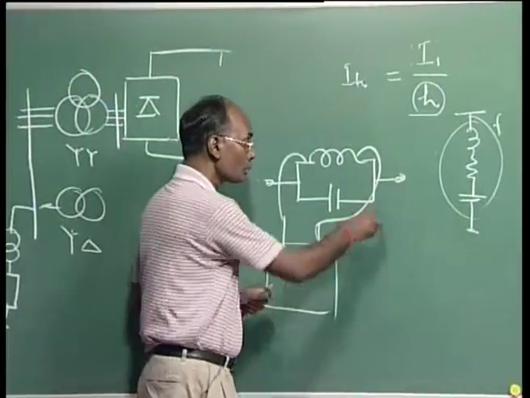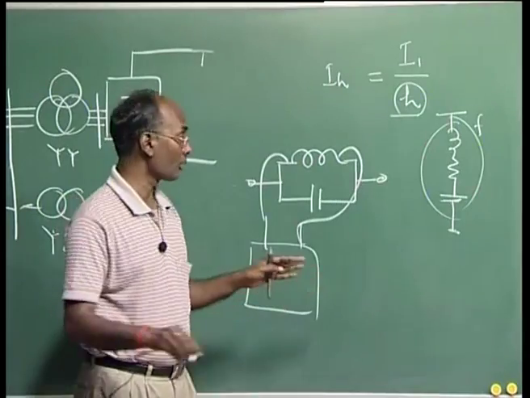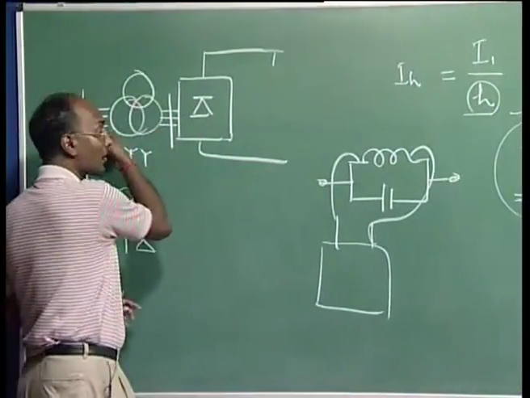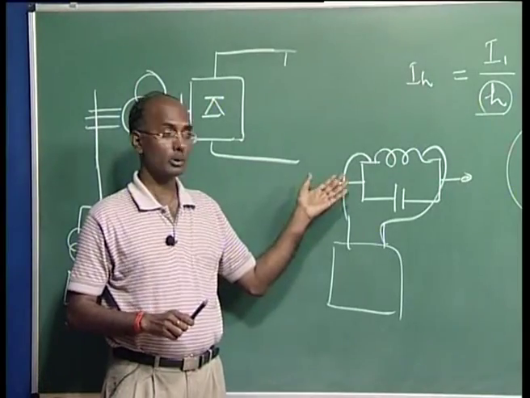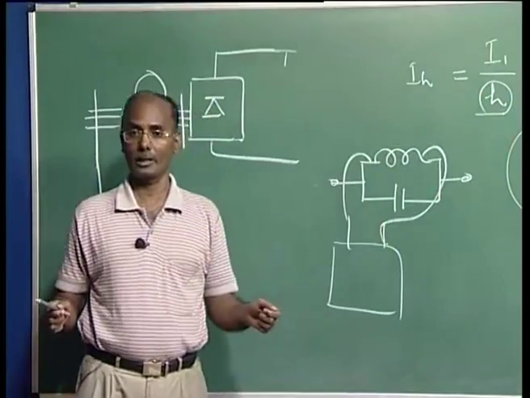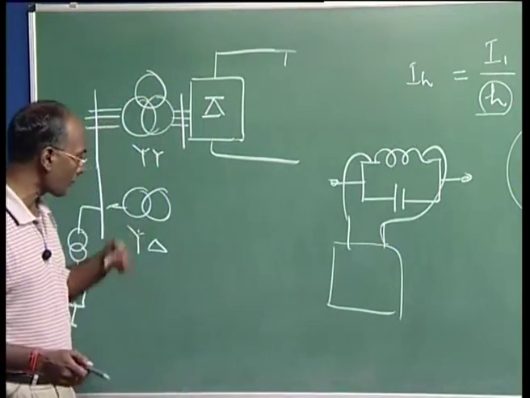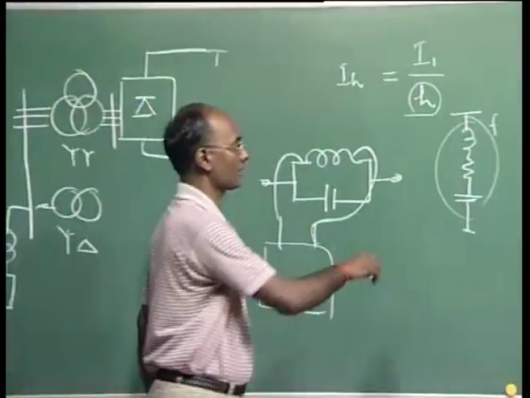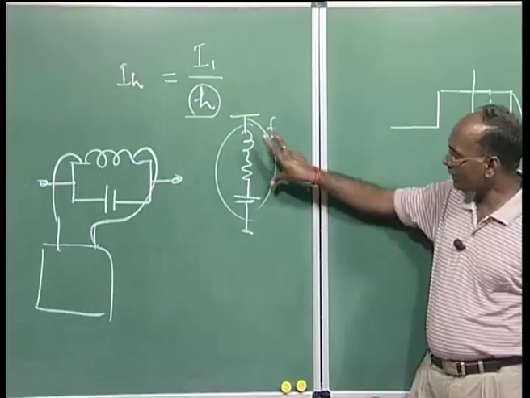Another thing, through this path we are flowing the full current. You can imagine the current flowing is in kiloamperes. So the rating of these coils and capacitors will be very, very high, and that's why the cost is very high. Now as compared to your shunt filters, this is a shunt filter carrying the harmonic component current.